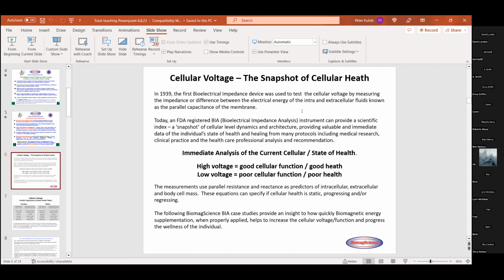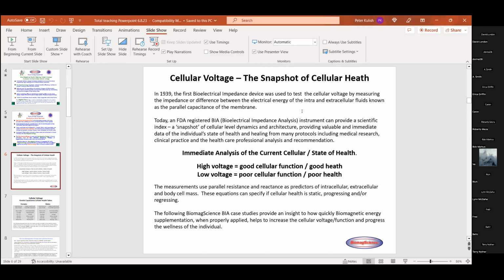And so I started determining that cellular voltage was a way of measuring someone's health and making a determination of where exactly they were with their health. It comes down to high voltage or high normal voltage is good cellular health. Everything's functioning properly, but low voltage is an indication of very poor cellular health.